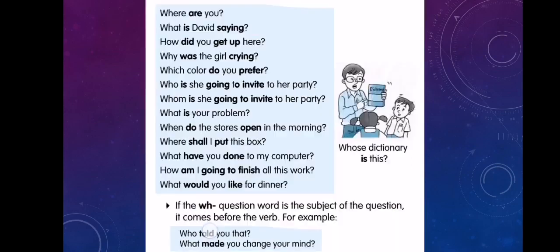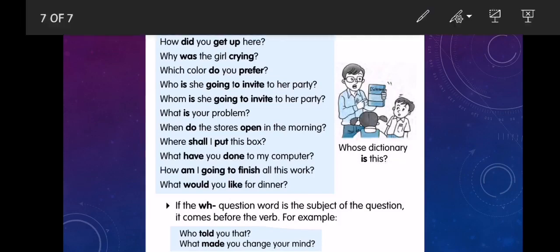Compared to yang di sini lah. Tengok, where are you? What is David saying? How did you get up here? So mostly dia ada di depan. Okay, dia ada di depan, letak di depan. What is your problem? So your is the subject.